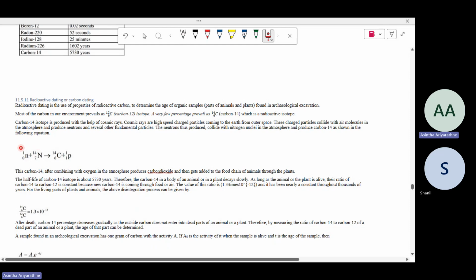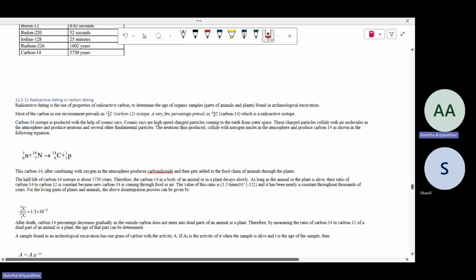So this is the way carbon-14 isotopes are formed. A nitrogen atom is struck by a neutron, forming a carbon-14 isotope plus a proton.